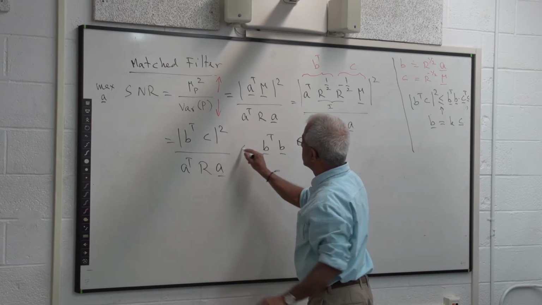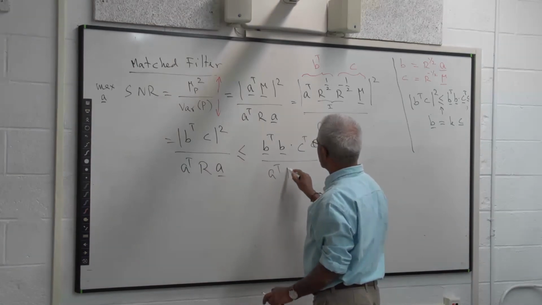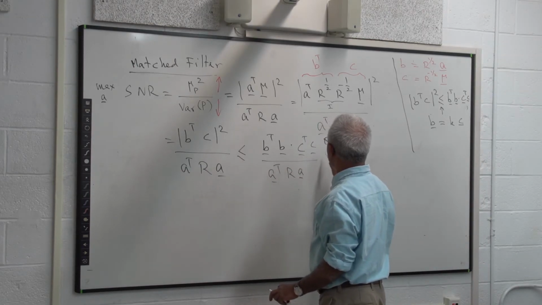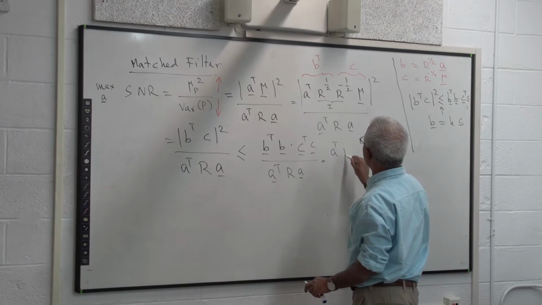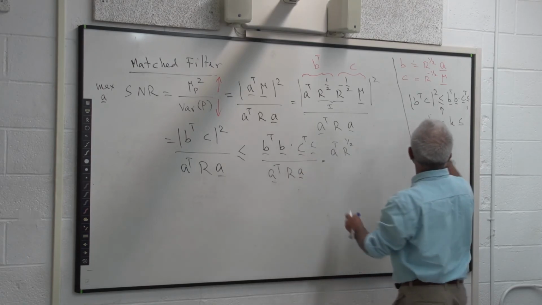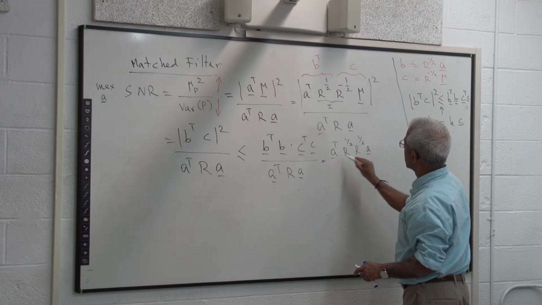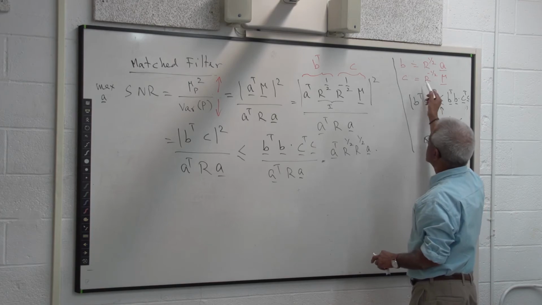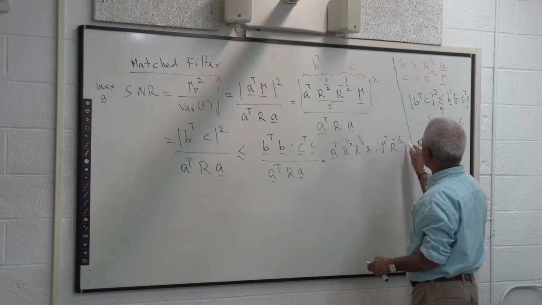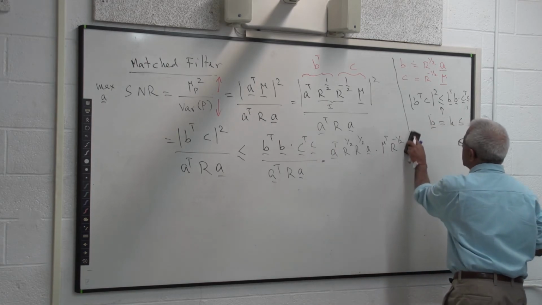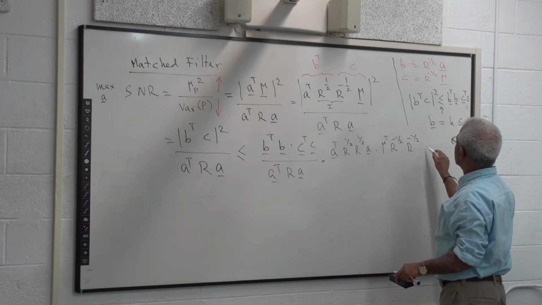This is less than or equal to B transpose B multiplied by C transpose C over A transpose R A. Now if you substitute for B transpose, I have A transpose R to the power half, then B, which is R to the power half A, and then C transpose, which is mu transpose R to the power minus half, and then multiplied by C, which is R to the power minus half mu.